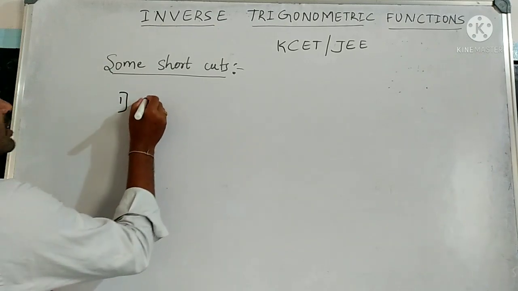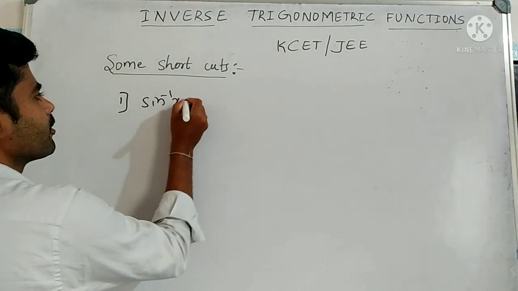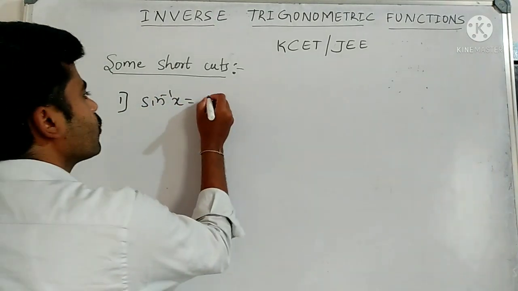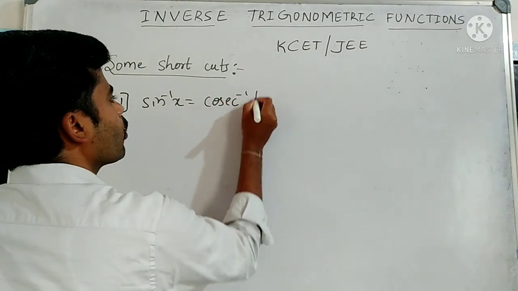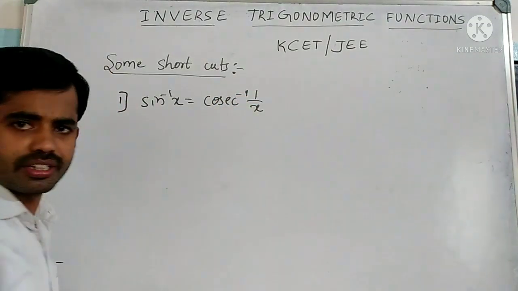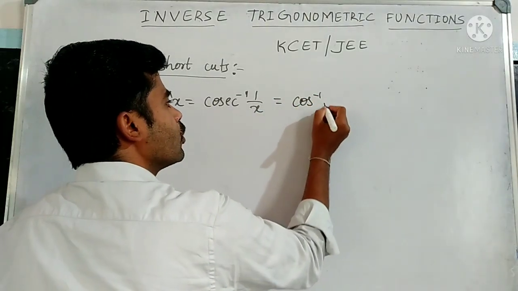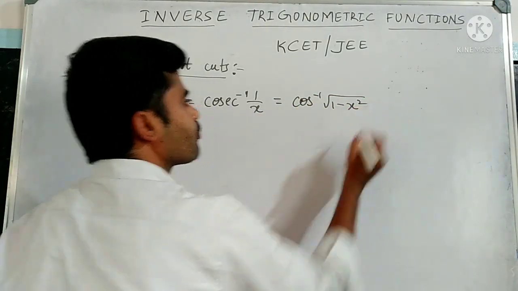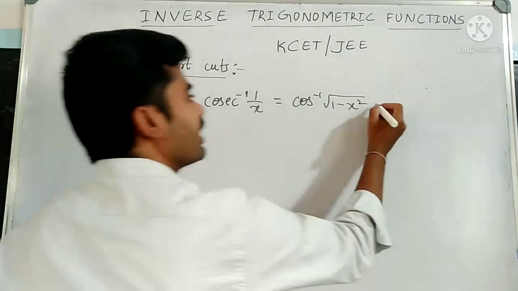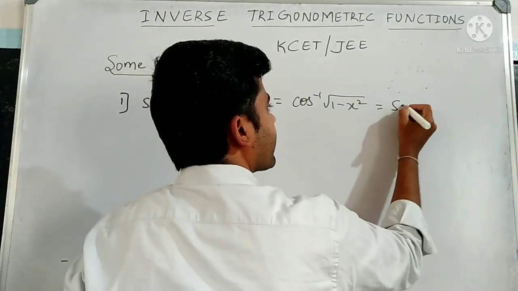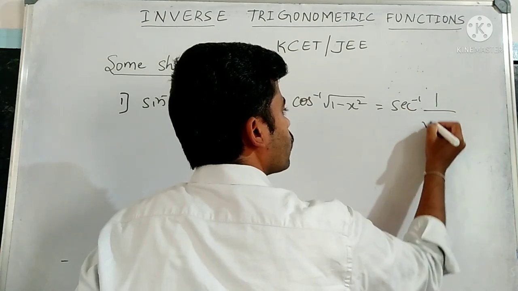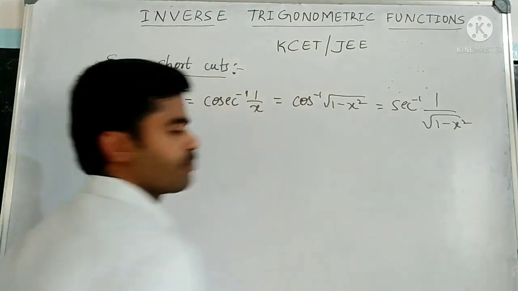First one, sine inverse x. We can write it as cosecant inverse 1 by x, the reciprocal. This we can write as cos inverse root 1 minus x square. Again, we can write it as secant inverse 1 by root 1 minus x square.